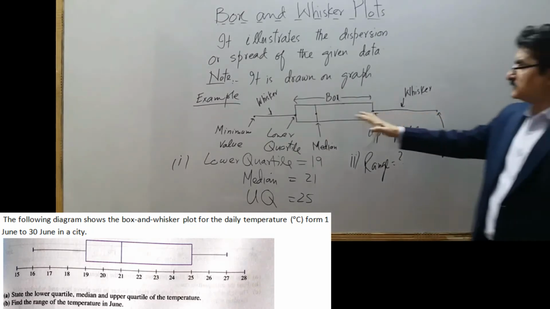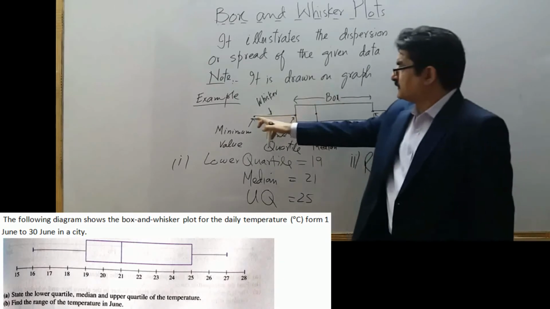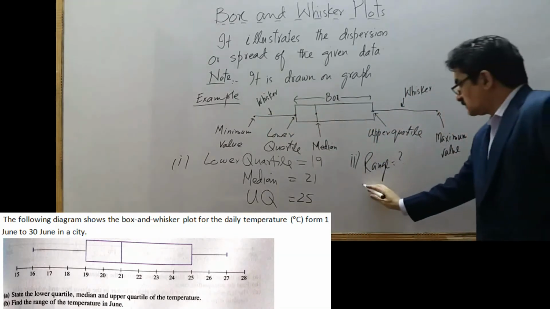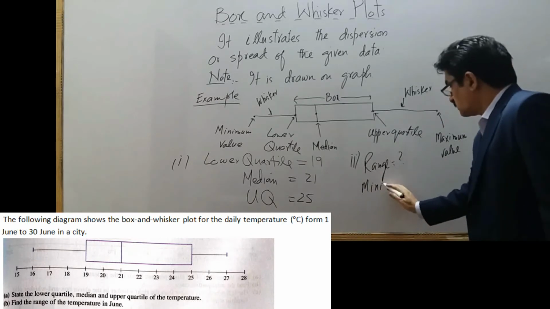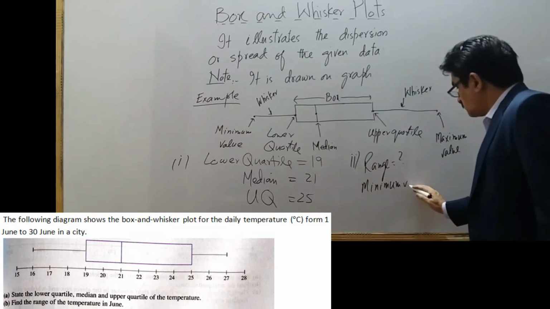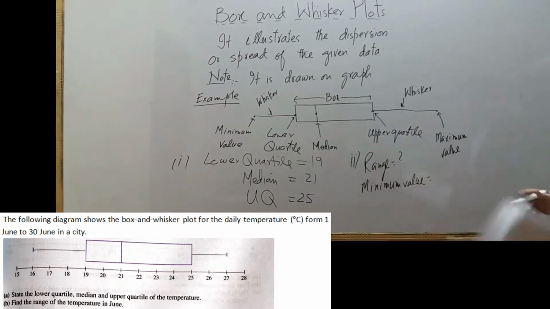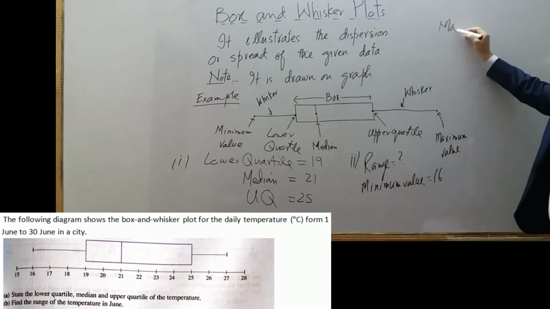Now this box whisker plot starts from this point and ends at this point. So minimum value, what is the minimum value? It is 16. Then we have maximum value.